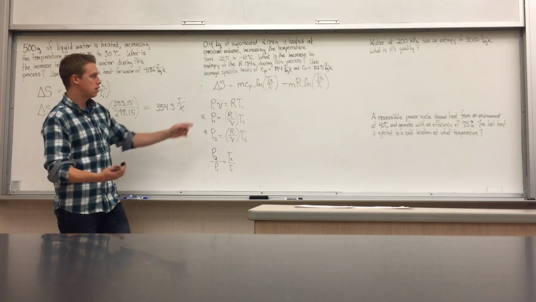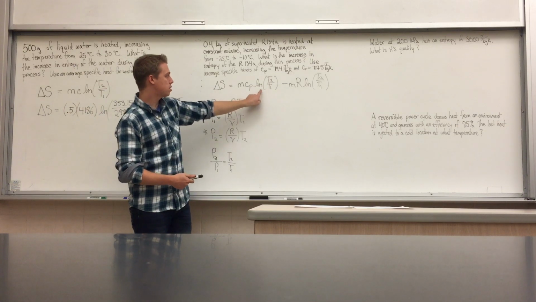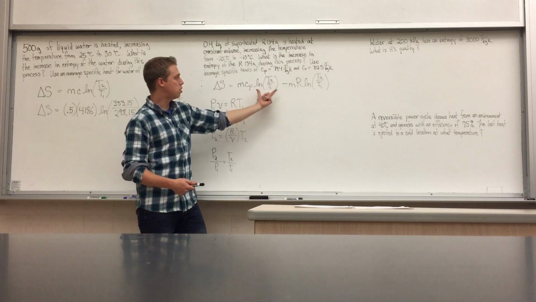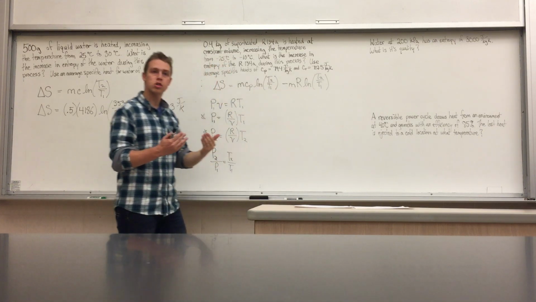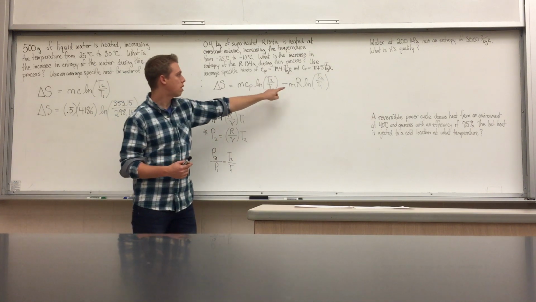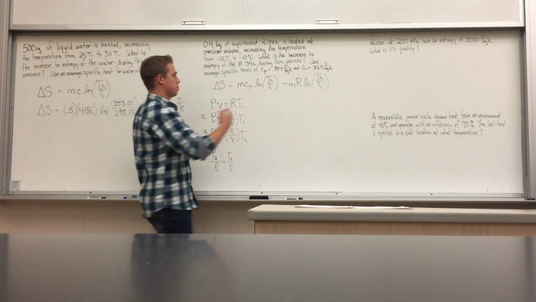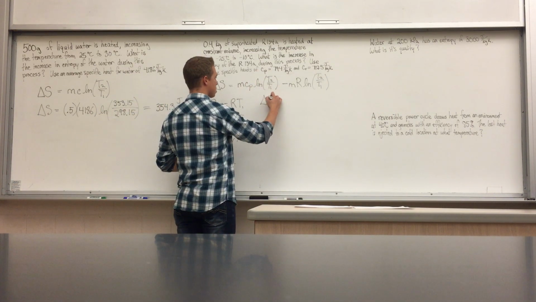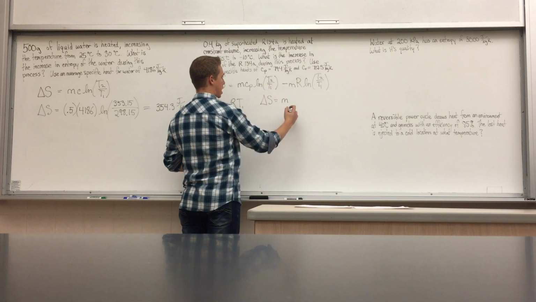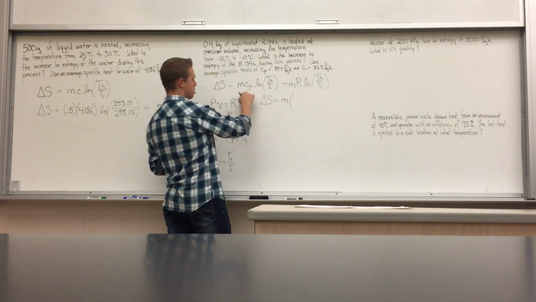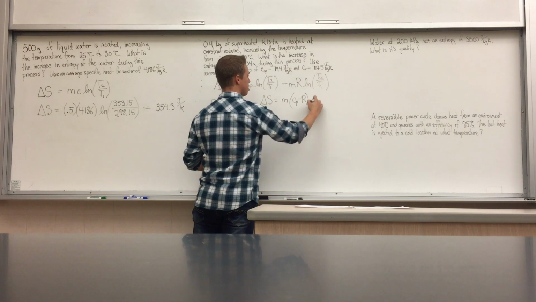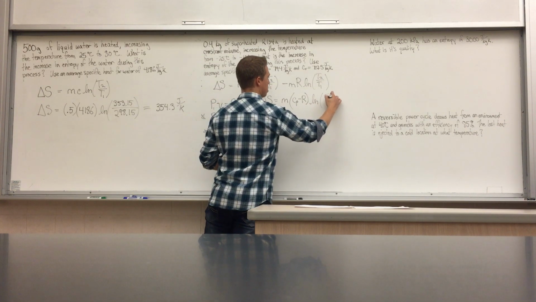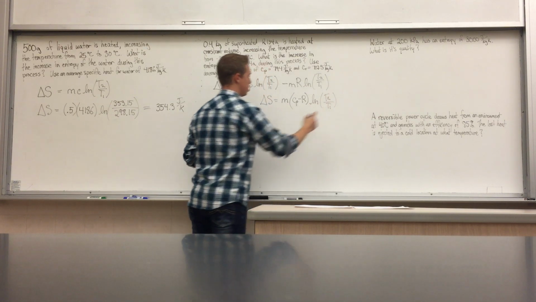Now notice that I've got a redundancy here. This log of T2 over T1 is showing up in both of those terms. So what I'm actually going to do is factor out the coefficients. Let's see what I mean here. Delta S equals m times Cp minus R times ln of T2 over T1.